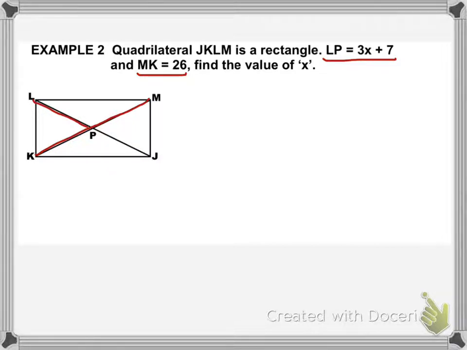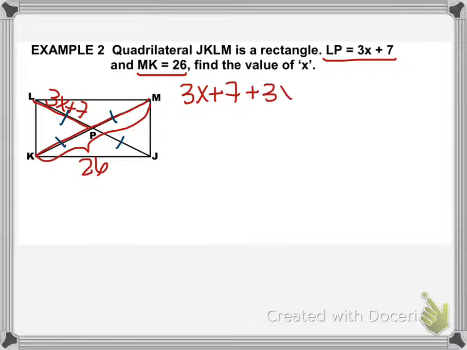There's a couple different ways we could do this. Let me label my picture a little bit. This whole thing is 26, whereas just this half is 3x plus 7. But we know that all four of these parts are congruent. So we could say one of two things. We could either say 3x plus 7, that half, plus another half, so plus another 3x plus 7, equals the whole diagonal length of 26.